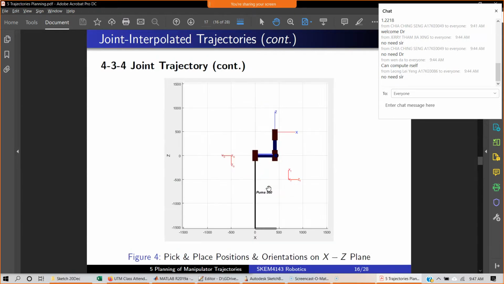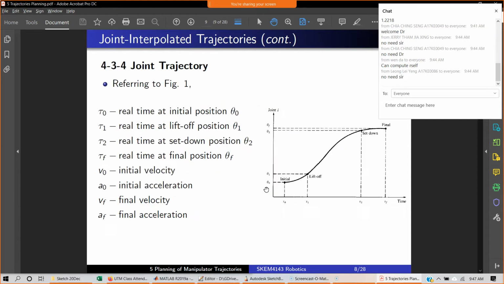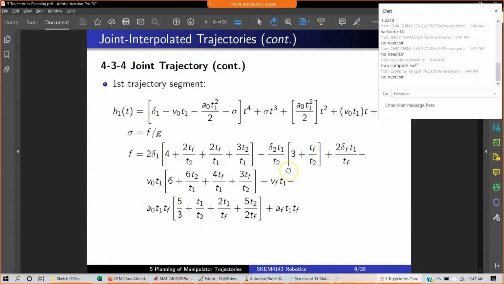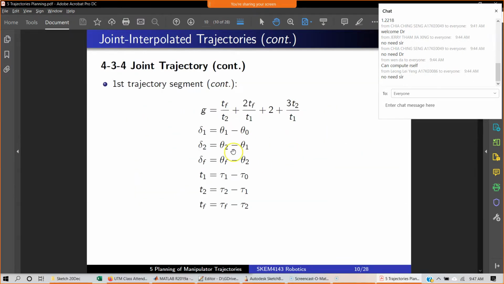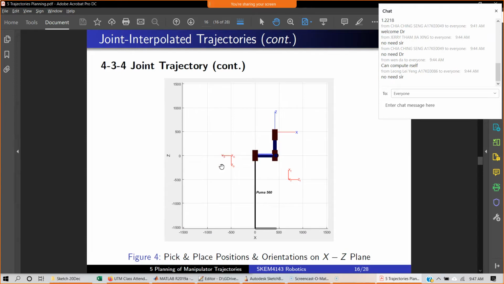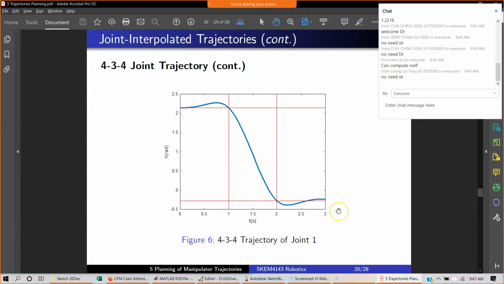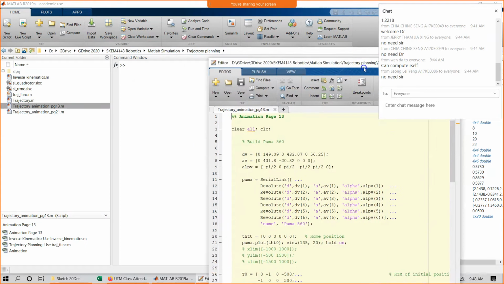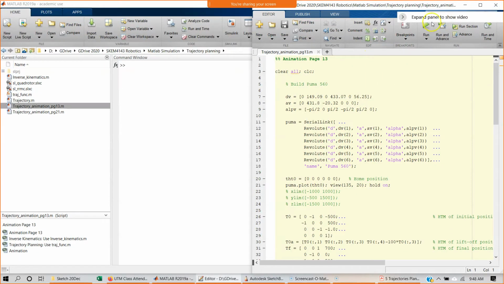Because maybe you expected the graph to be exactly like this, which means theta 1 is bigger than theta 0, and maybe theta f is higher or bigger than theta 2. That's what you expected. But when we computed using the mathematics, we got a graph that looks like this. The short answer to that is that it doesn't matter how it looks, right? Because at the end of the day, what matters is the trajectory of the robot.